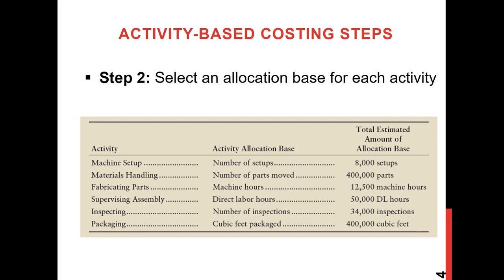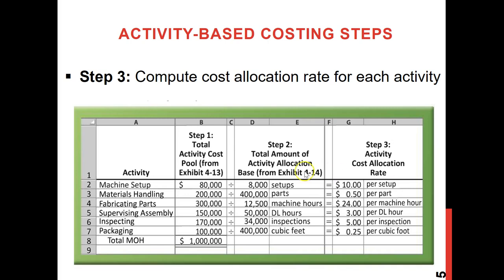Now we will apply our same concept. We will be calculating our predetermined estimated overhead rate for each and every activity, and we will be using different numbers and rates. So for every activity, these are their costs, and we know all those specific amounts of allocation bases. So the idea is the same.